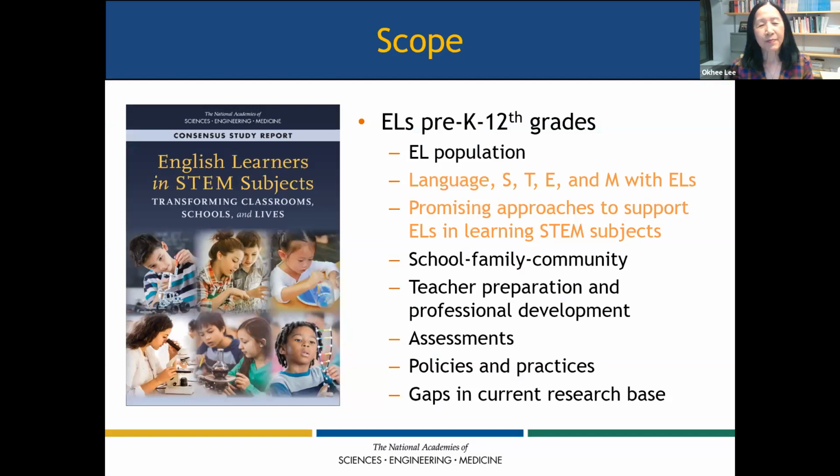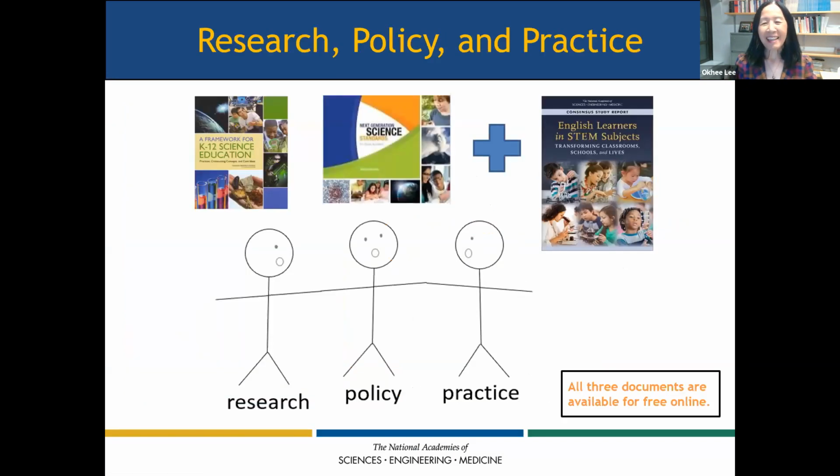So the scope. Here is the English learner K-12 population, but I would like to focus on the orange two bullets: language in STEM with English learners, and promising approaches to support ELs in learning STEM subjects. There are other topics, but those are the two main bullets that I would like to focus on. And now I'm adding English learners in STEM subjects.